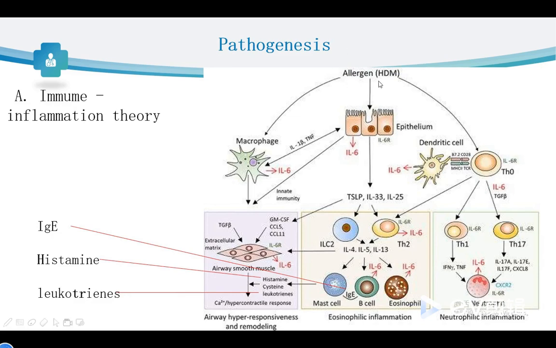Once the allergen is inhaled into the respiratory tract of the patient, there are some specific cells will be activated step by step, including the macrophage, epithelium, dendritic cell, mast cell, B cell, eosinophils, neutrophils, and so on.